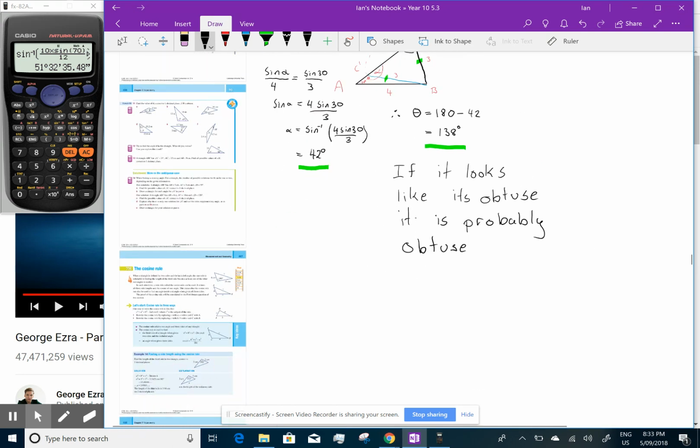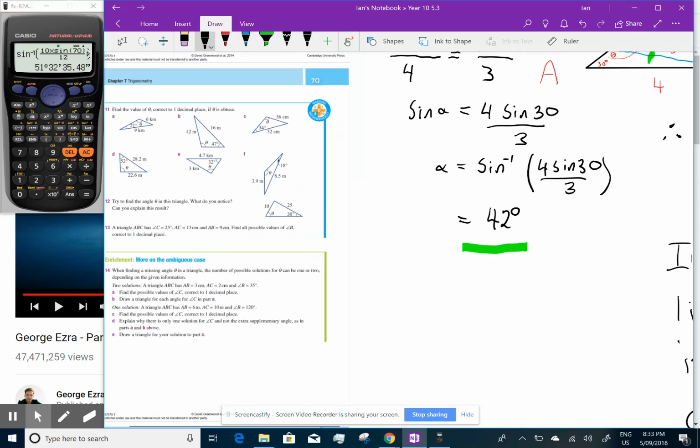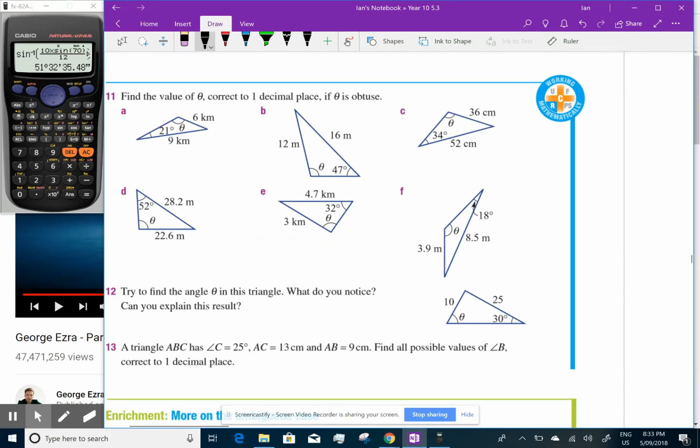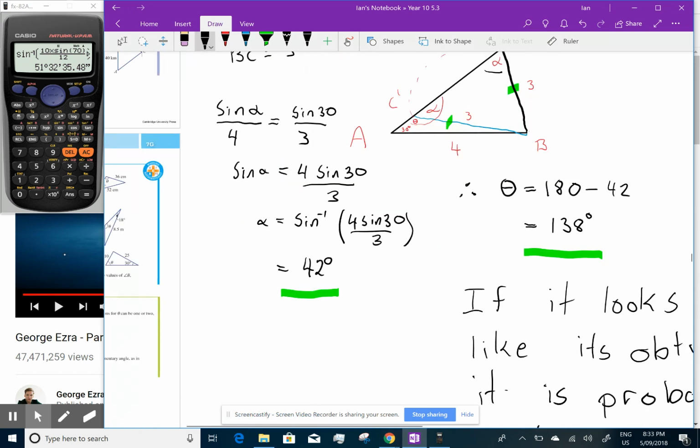In the questions that you need to do, in question 11, we did 11A and F, they tell you that it's obtuse. So you'll do the sine rule and you will do it exactly the same as this. You'll find the acute angle and then go, oh, but it's obtuse.